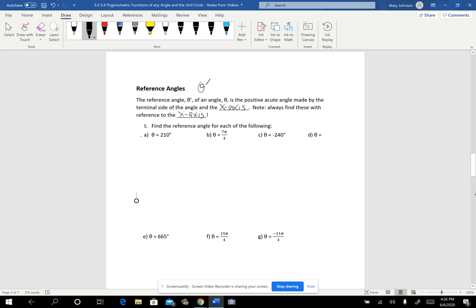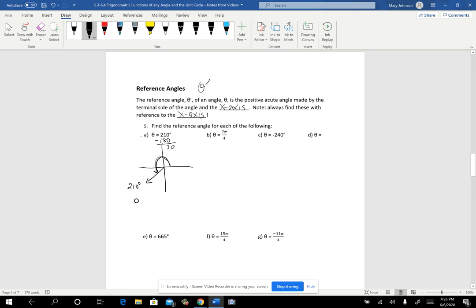So for theta equaling 210, you should first think about where that's located. You're going to go all the way around here. That's 180, and you're going to think about going past 180. It's 30 degrees past 180, so right there would be 210 degrees.